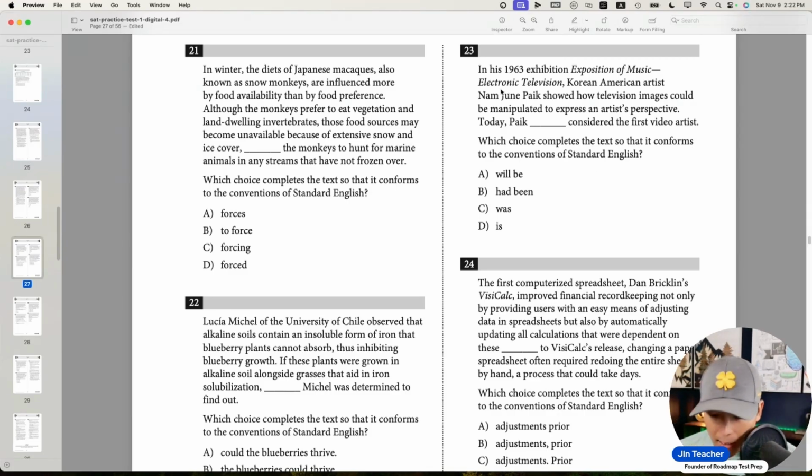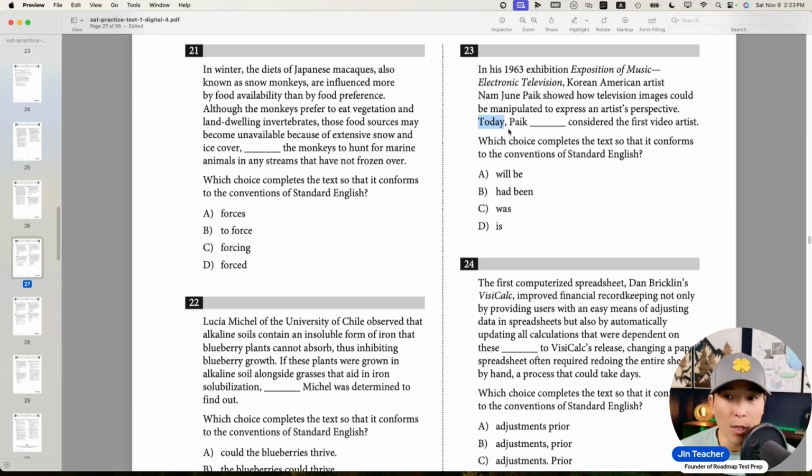So here, the passage reads, in his 1963 exhibition of music, electronics television, Korean-American artist Nam June Paik showed how television images could be manipulated to express an artist's perspective. Today, Paik will be considered the first video artist. So here, I know that today is referencing a time period, the now.